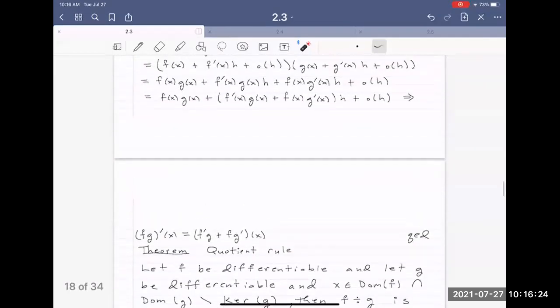So this says that the derivative of f times g is f prime times g plus f times g prime. And this is my product rule. Any questions about that? And so that's Leibniz rule.